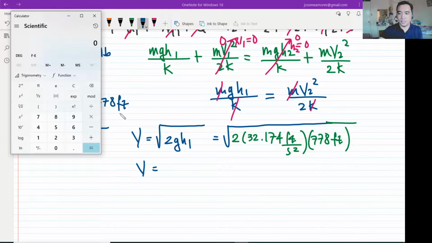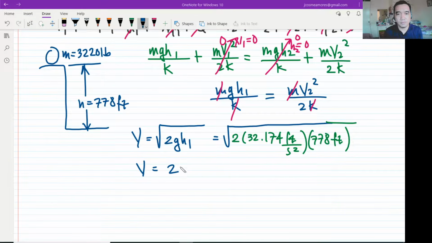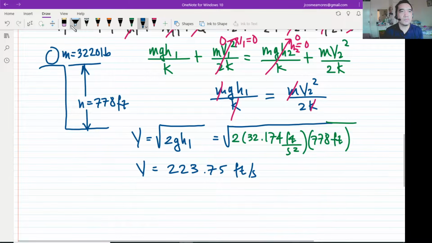Let's do that with our calculator. 2 times 32.174 times 778, then we get the square root: 223.75. So that is the speed of our body when it falls down.